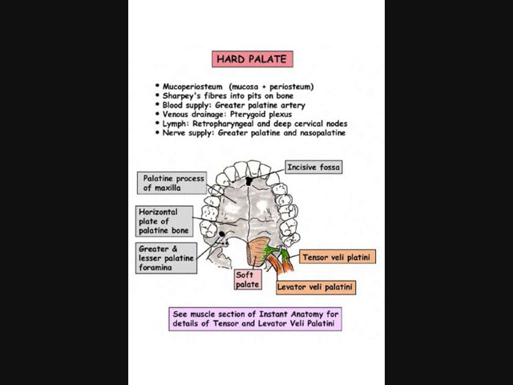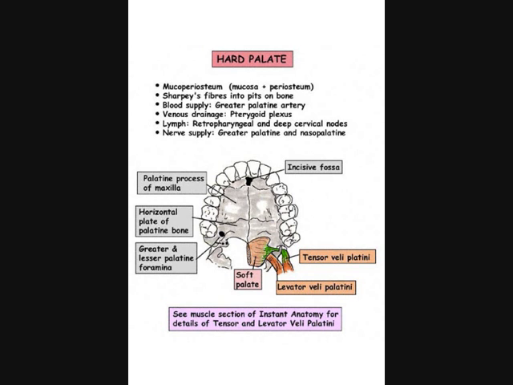From the posterior edge of the hard palate extends the soft palate, with the tensor palati into the edge of it laterally, and the levator palati coming down to the superior surface and being able to lift it up. Towards the posterior edge there are both the greater and the lesser palatine foramina, through which come the same named nerves from the pterygopalatine fossa.